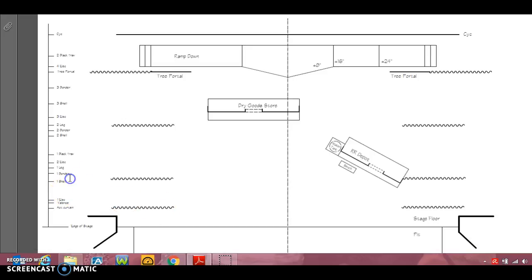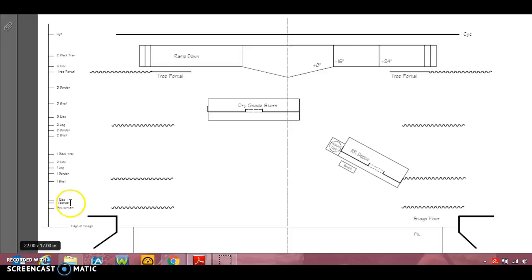Next is the shell, which, lovely enough, is not very important to us. Shells are usually used for acoustic purposes, so for concerts, for choirs, not really theatrical things. So let's not worry about that, but please note that it is there. Next is the border. The border is kind of like the valance, but it's a lot longer.